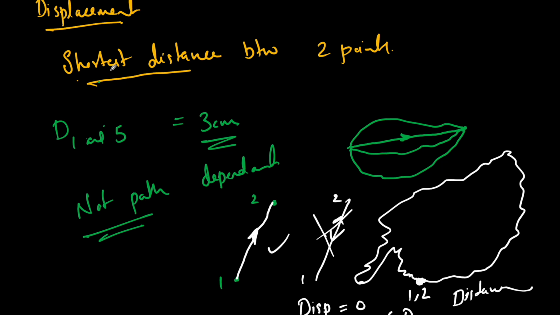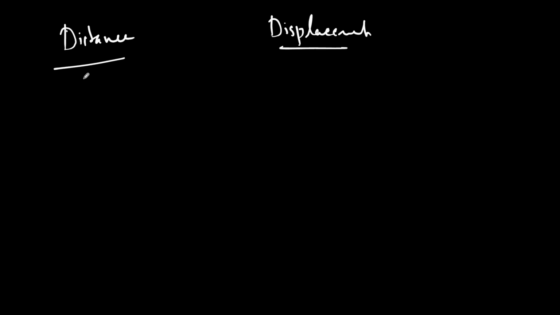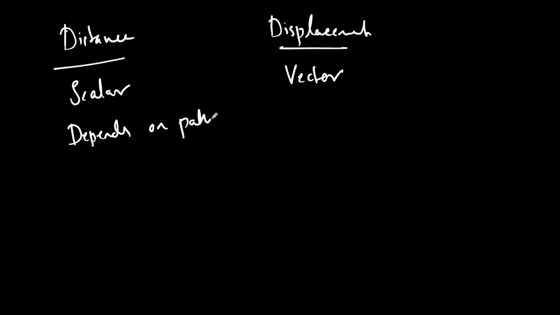So the difference between distance and displacement: distance is a scalar quantity, while displacement is a vector quantity. Distance depends on path, while displacement is independent of path.